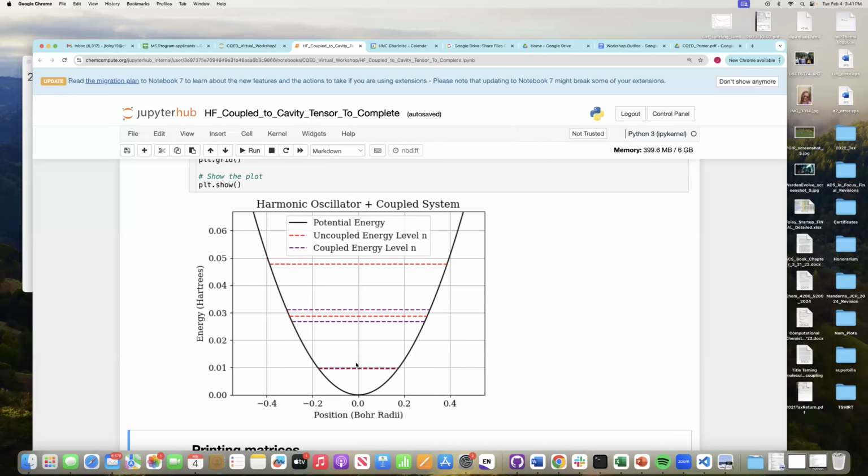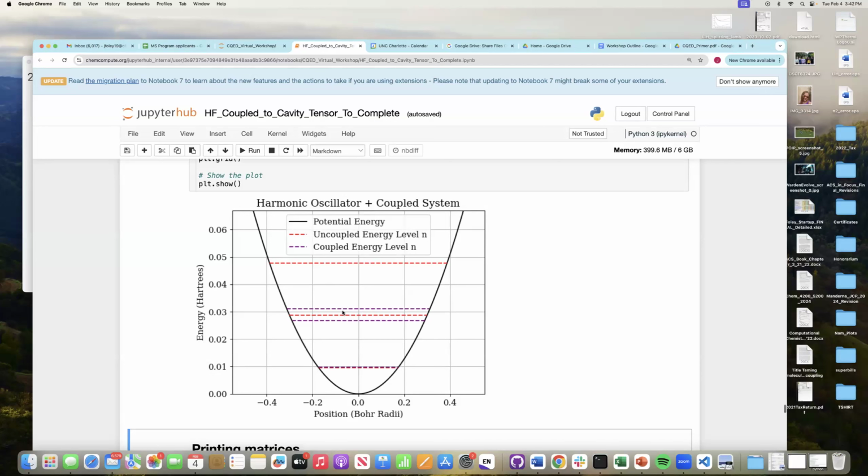There are models which are really commonly used in this field, like the Jaynes-Cummings model or the Rabi Hamiltonian, and those are models which will not modify the ground state. You will not see any ground state modification through those models. So you really need a model like the Pauli-Fierz or the P dot A Hamiltonian, with these diamagnetic terms or dipole self-energy terms, to actually capture this modification to the ground state.